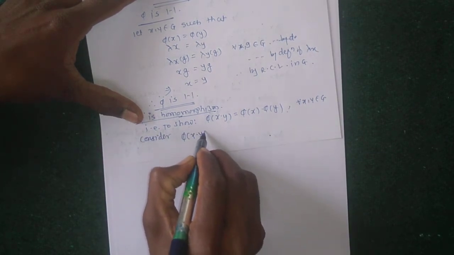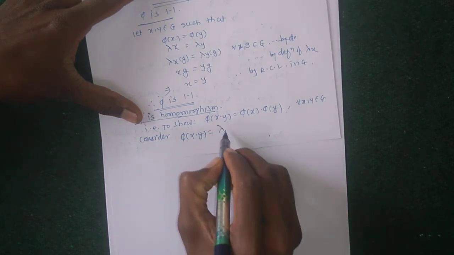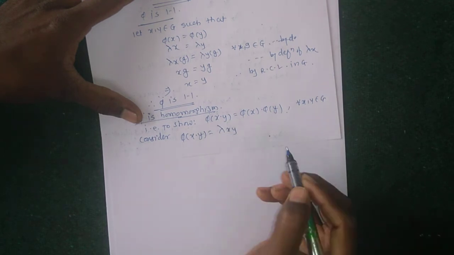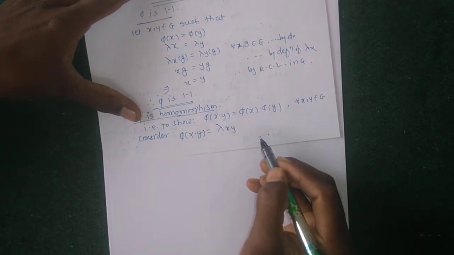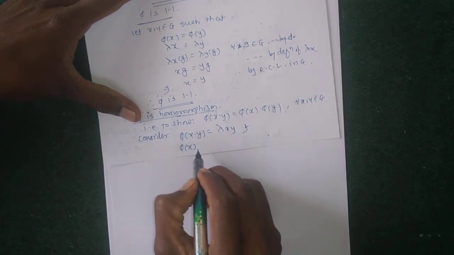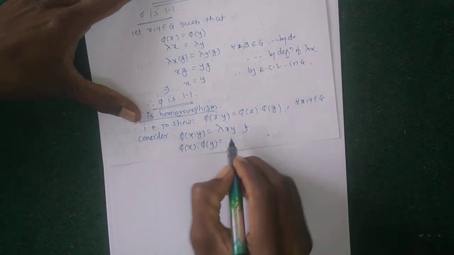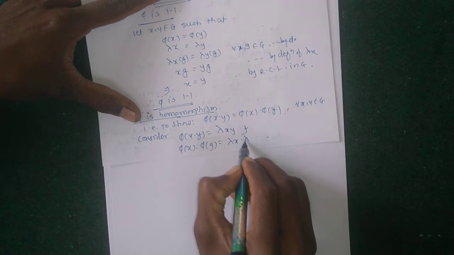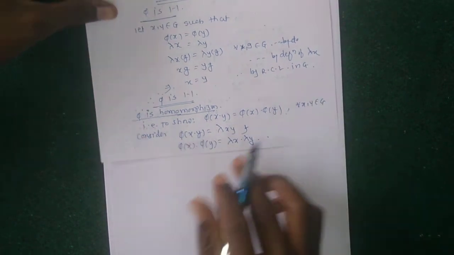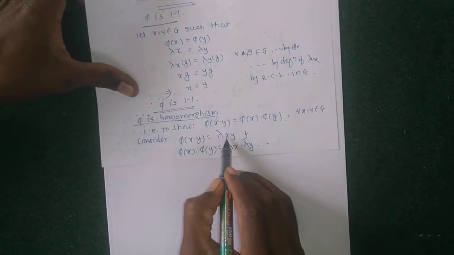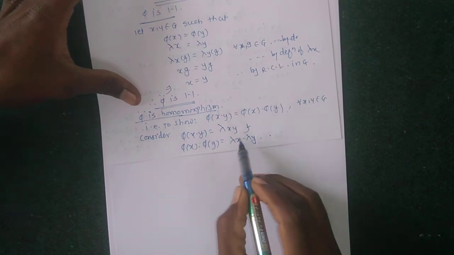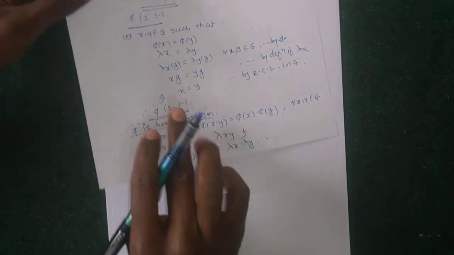Okay, consider phi of xy. What is the value of phi of xy? It is lambda suffix xy. And phi of x into phi of y, its value is lambda x into lambda y.